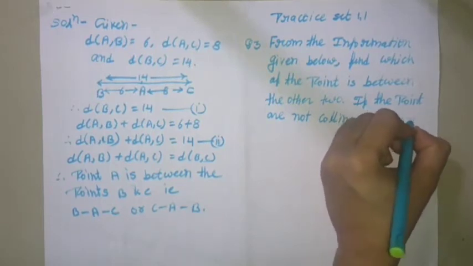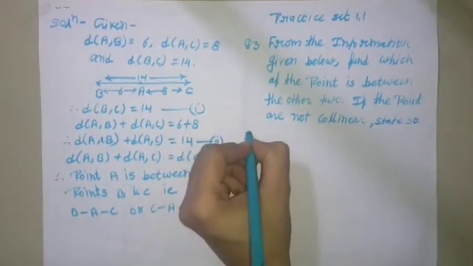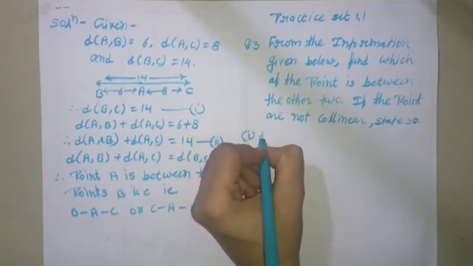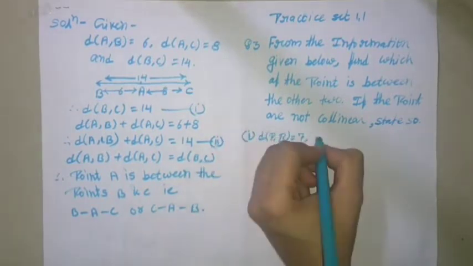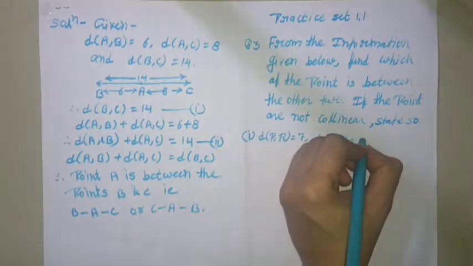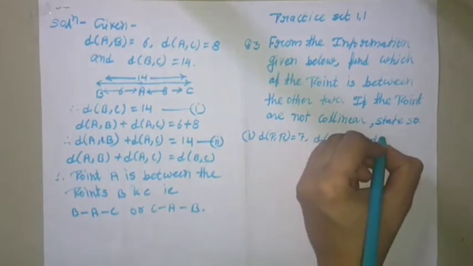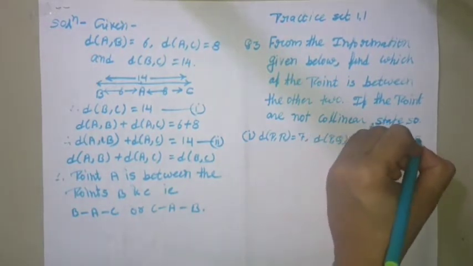First, distance of PR equal to 7. Distance of PQ equal to 10. Distance of QR equal to 3.